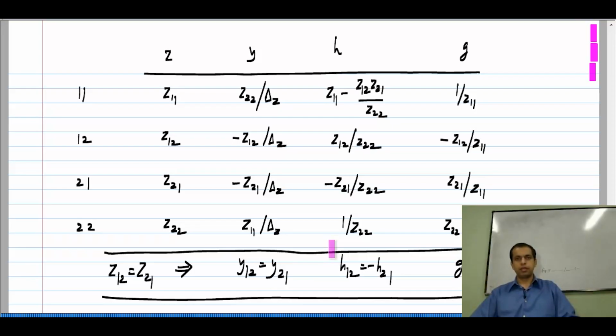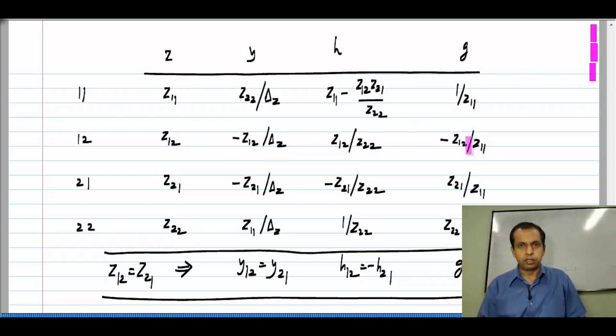Now, one more thing I want to point out is that again, let us say z12 happens to be 0, that is there is no reverse transmission in z parameters. Then that means that the reverse transmission parameter, regardless of which one you choose, y12, h12 and g12 will all be 0.